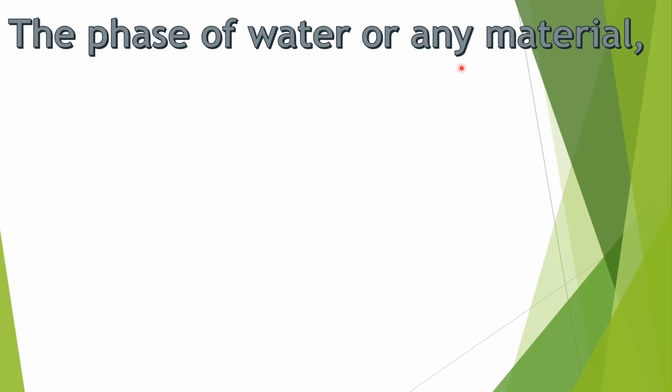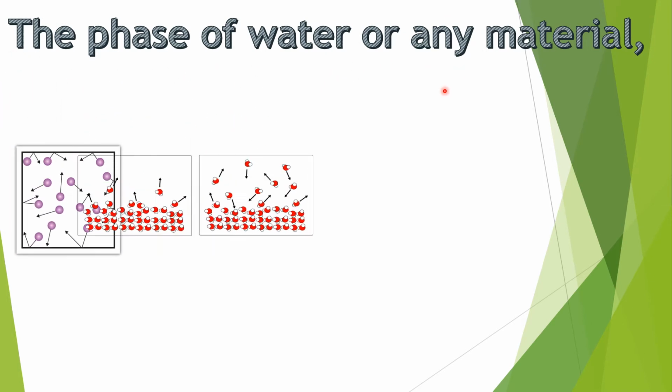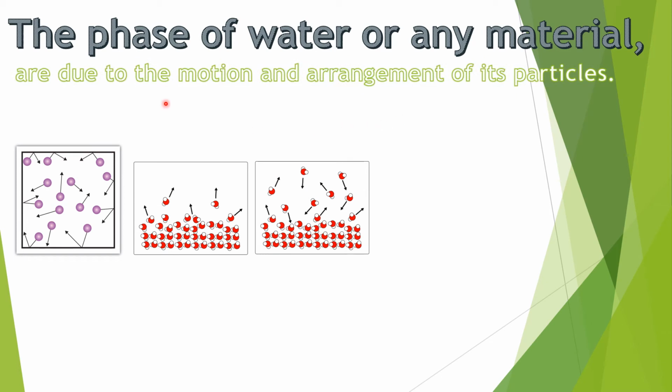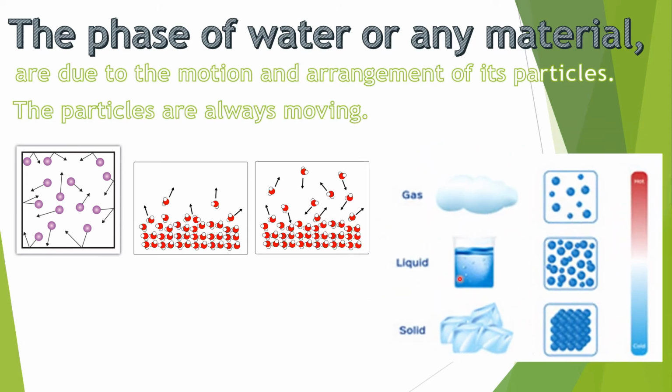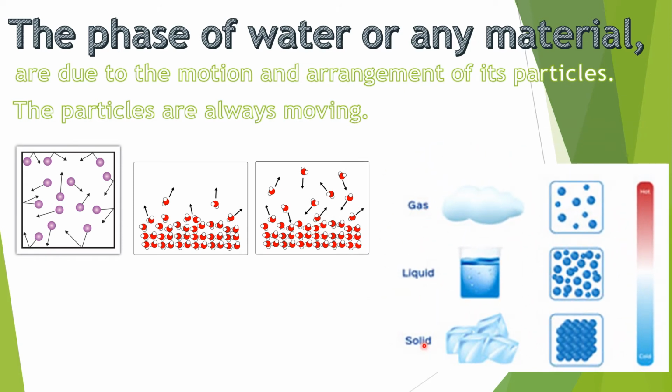The phase of water or any material is due to the motion and arrangement of its particles. The particles are always moving. We have three states: solid, liquid, and gas; ice, water, vapor, and their particles. Here we have no space, here small space, and here many distance between particles.